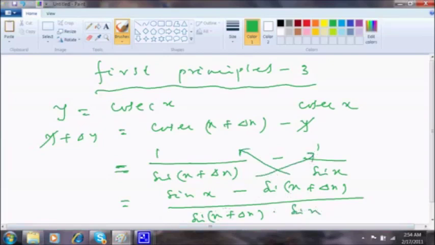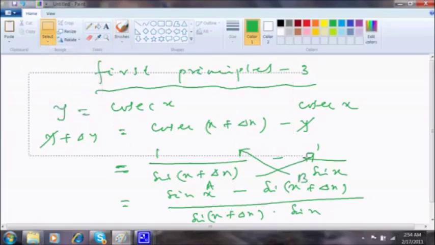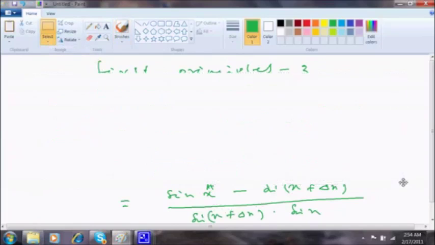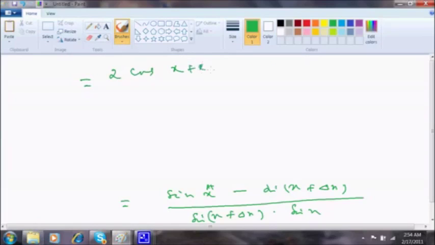So sine A minus sine B, I'll use the formula: 2 cos of (A plus B) by 2 into sine of (A minus B) by 2.